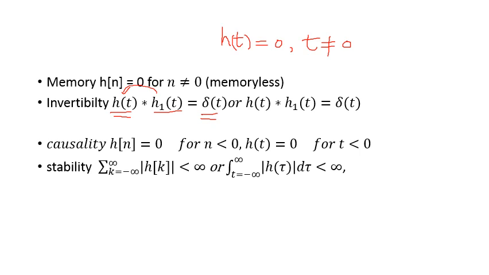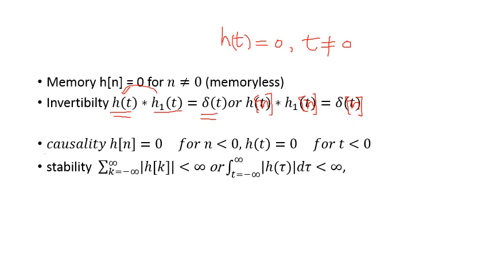So if two impulse responses after convolution result in impulse of t, that means the two systems are invertible to each other, right? So for the discrete time case, we can write that h of n convolved with h1 of n will result in impulse of n. So if this is the case, then we say the two systems are reciprocal of each other, are invertible, right? One system is reciprocal of the other.